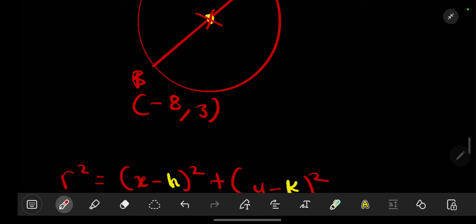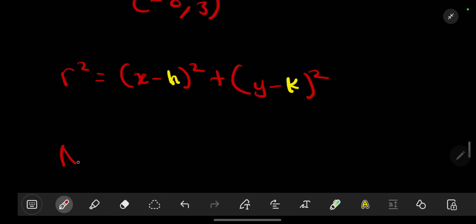So we are going to have our midpoint. I've explained why we find the midpoint: the midpoint is the center of the diameter, and we need the coordinates of the center.